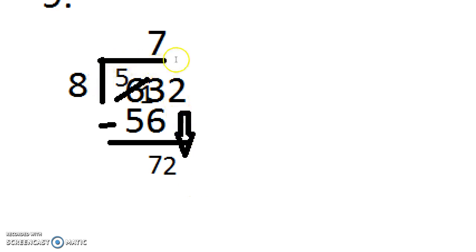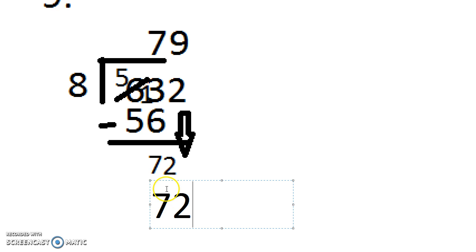We said 8 times 8 was 64. 8 times 9 is 72. Wait a minute, that's a number that works for us. So we're going to say 8 times 9, right? And we said that actually does equal 72.